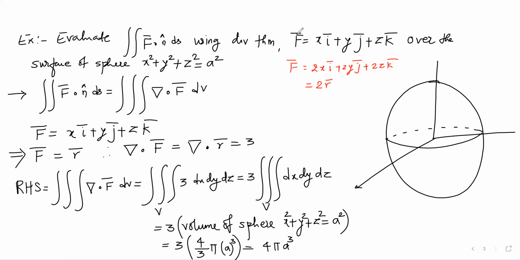Now the next question is a little bit different, exactly a similar type, but since F bar is different, you'll understand the difference between these two.